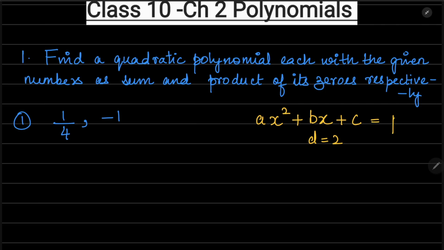And let us denote it with p of x, that means polynomial with variable x. Now these a, b and c are called the coefficients. What is a? A is the coefficient of x square, b is the coefficient of x, and c is the constant. In general, a, b and c are all called the coefficients.